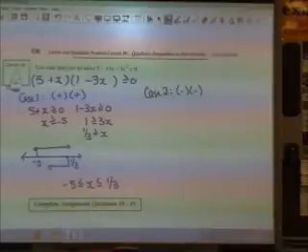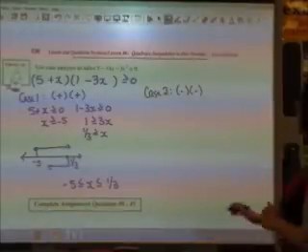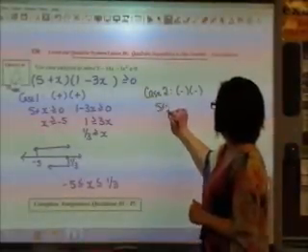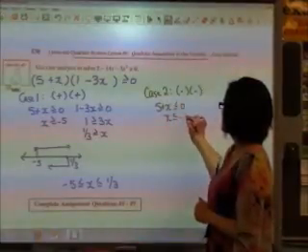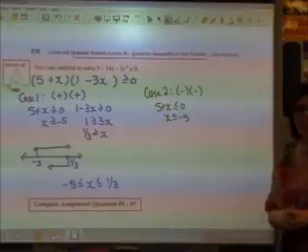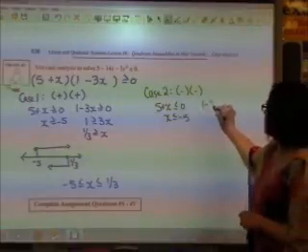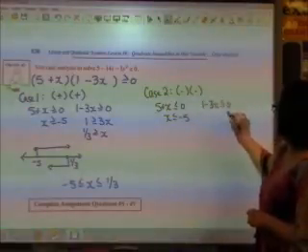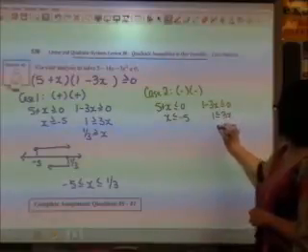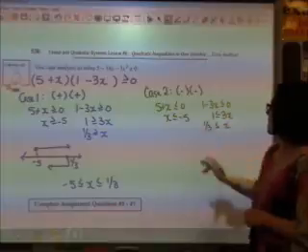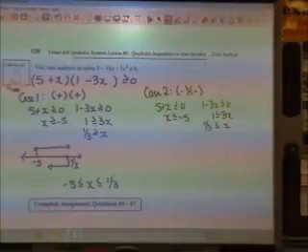The second case, I have to look at both factors being negative, because that would also give me a positive product. So I would have that 5 plus x is less than or equal to 0, which means x would be less than or equal to -5. And then 1 minus 3x is less than or equal to 0. I move the 3x over and divide by 3, and I get that x has to be greater than or equal to 1/3.